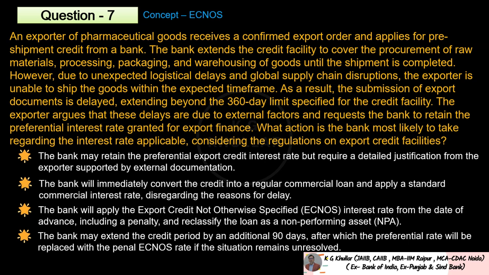Now friends, first of all, you should never get frightened by the lengthy wordings of the question. In this question, the only thing you should know is that there is an exporter whose submission of export documents is delayed beyond the 360-day period.